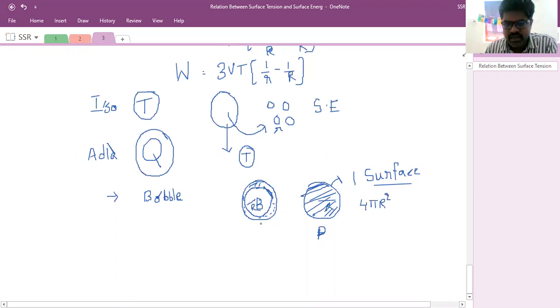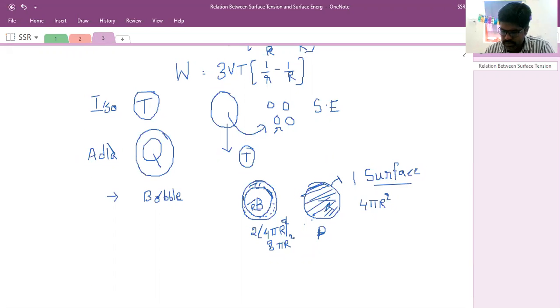So for a bubble it is 2 times 4 pi R square, which is 8 pi R square. Are you clear on this difference between a soap bubble and a liquid drop of water? Yes or no?